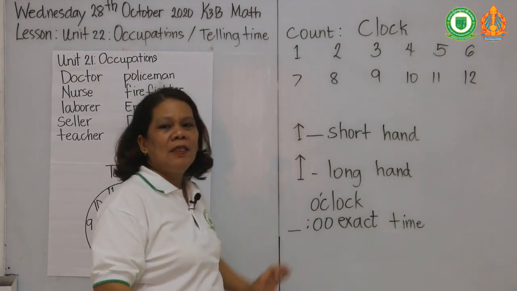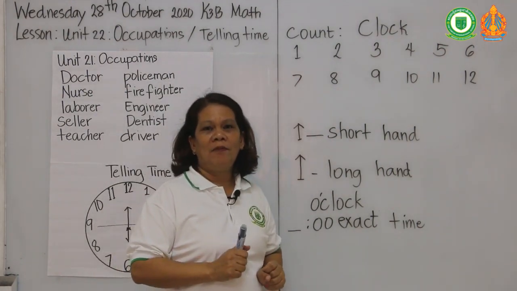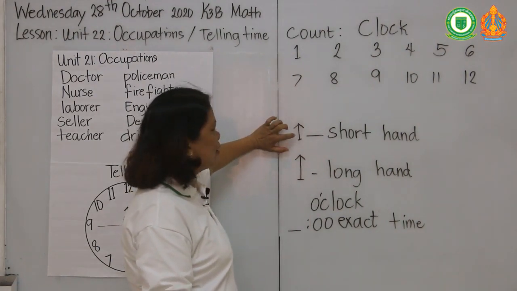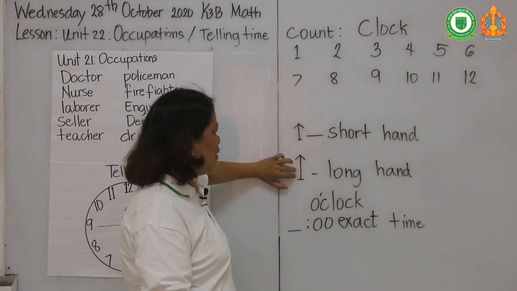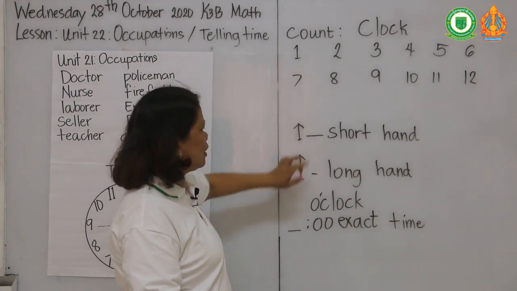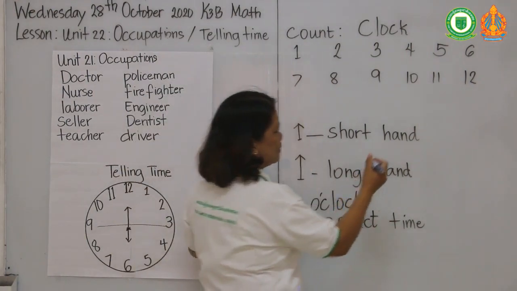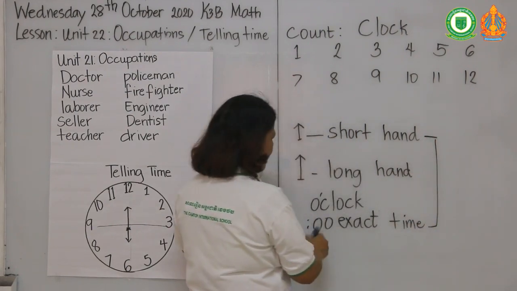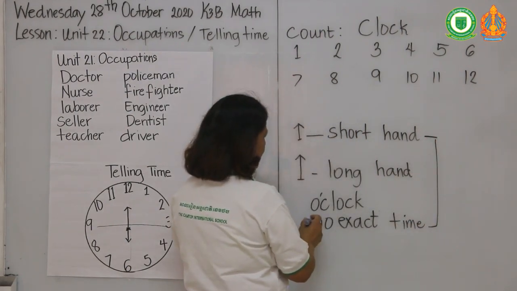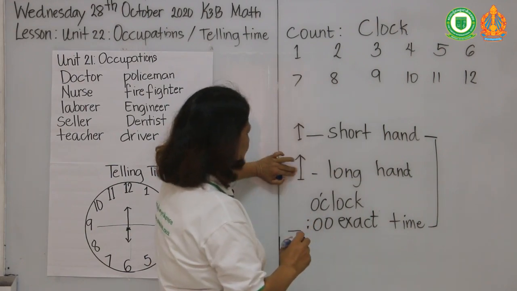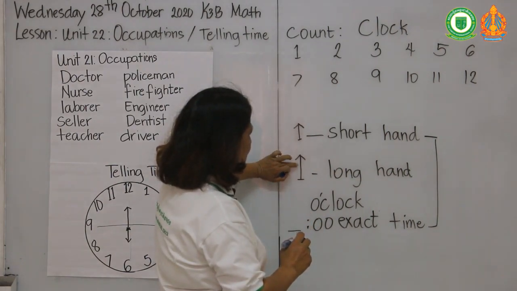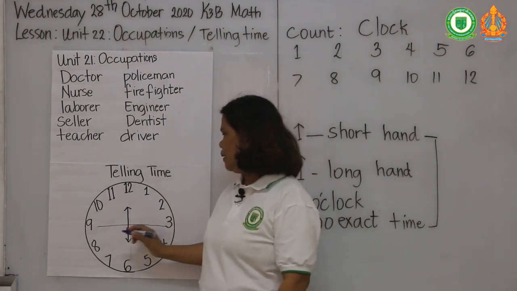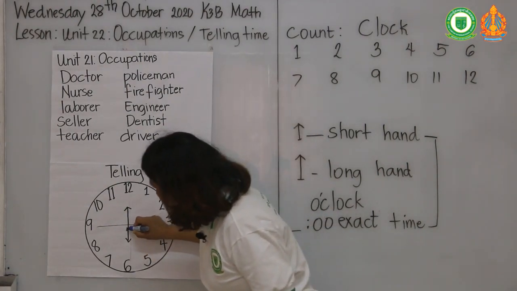You cannot stop the clock. Okay, it's always running. Okay, so if you see this one, this is a short hand, and this is a long hand. Alright, so the short hand shows the exact time. Okay, exact time. Alright, so this is the exact time, and also this one. Okay, the long arrow. For example, here you can see this is a short hand.